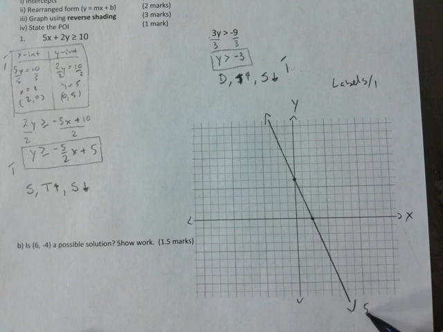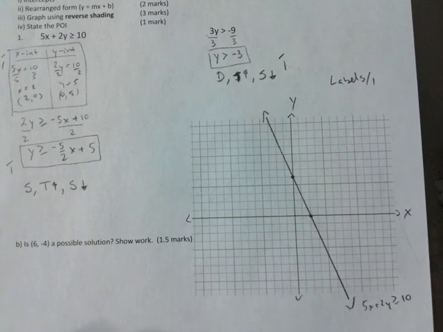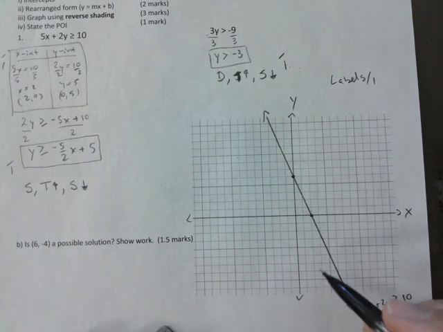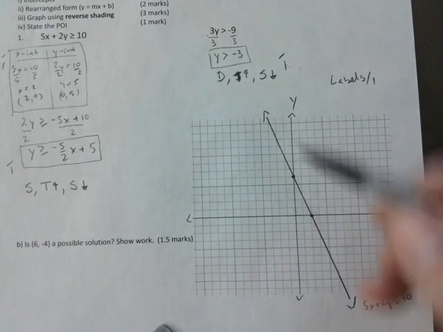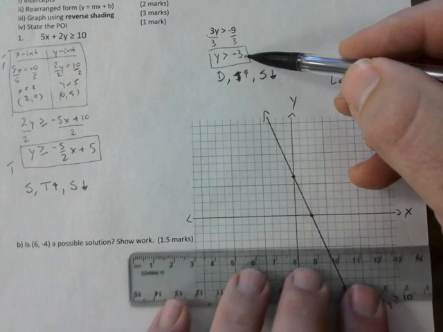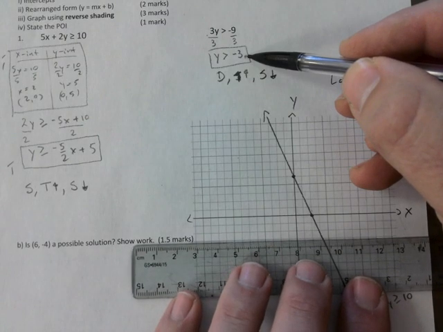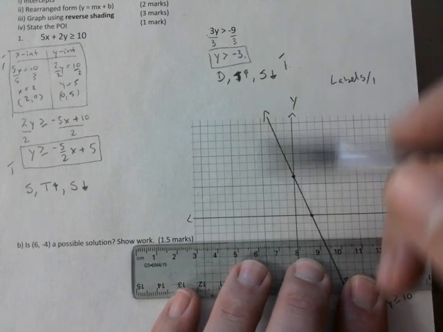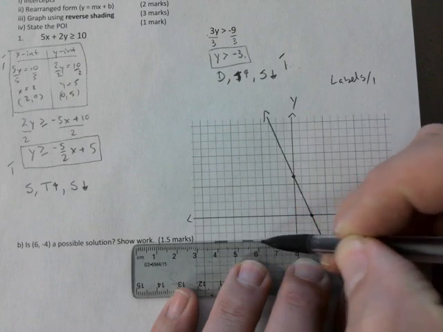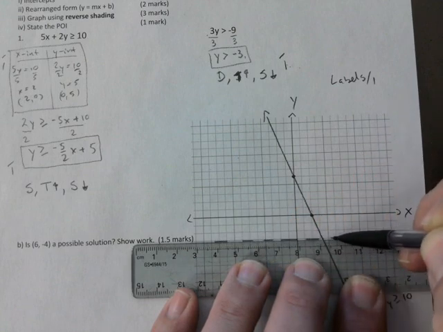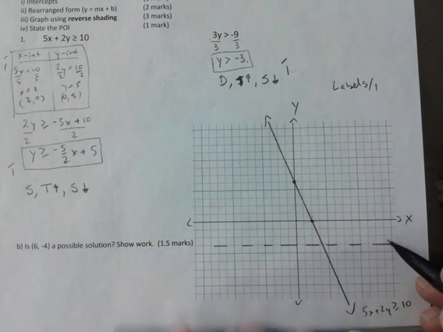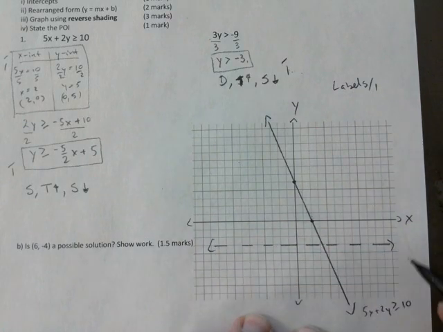And you're going to write down 5x plus 2y is greater than or equal to 10. And then the dashed line, this is a horizontal line at negative 3. So I didn't graph this on my calculator because I was quite confident it was going to fit. So that's my dashed line right there. That's the inequality, y is greater than negative 3.